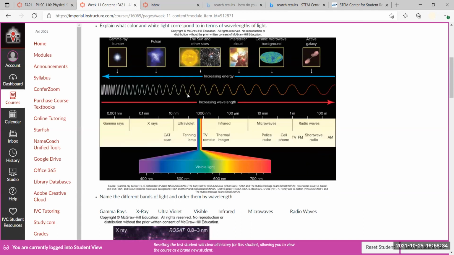So the distance between a crest and a crest, or a trough and a trough, is less and less, as you can clearly see from this picture in here. So that is where this whole thing is coming from. So the wavelength is less in here, and the wavelength is longer on this side. The energy is higher in here because the frequency is higher in here, and the energy is less on this side because the frequency is less on this side.